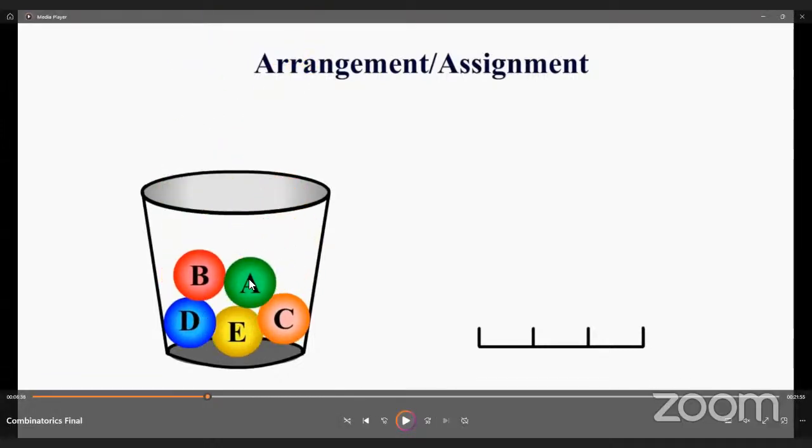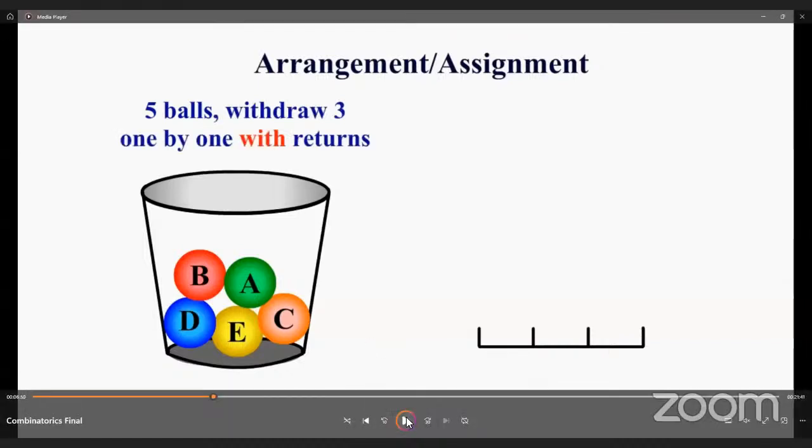Suppose that you have 5 balls in the basket or in the can, labeled A, B, C, D, and E. And we're going to take, for example, 3 of them, one by one, and return.